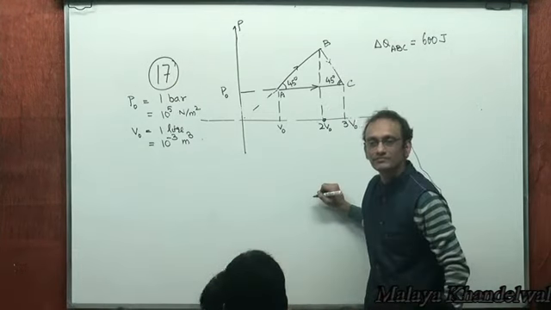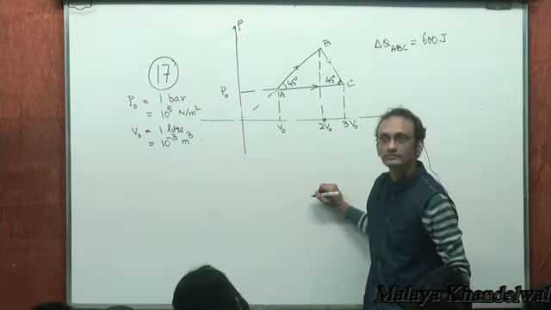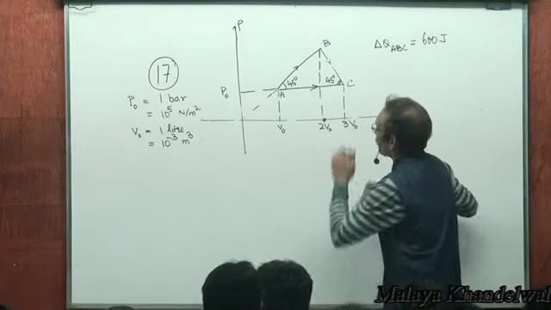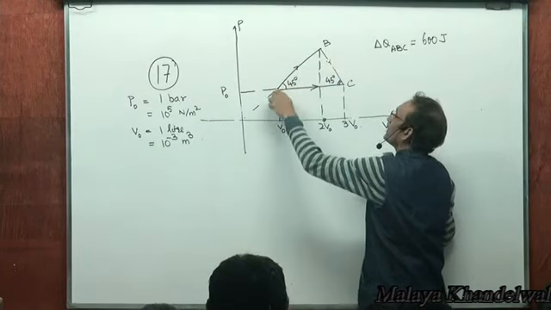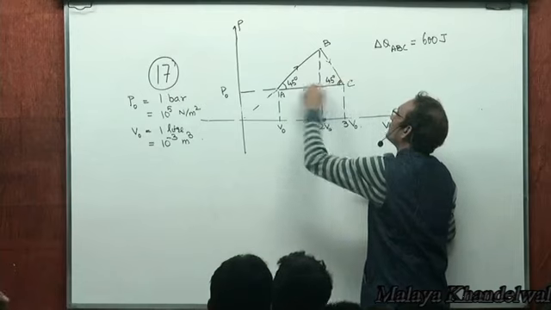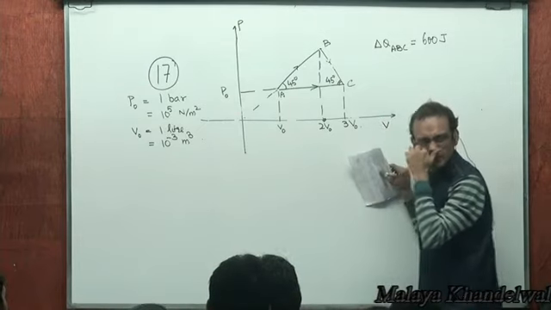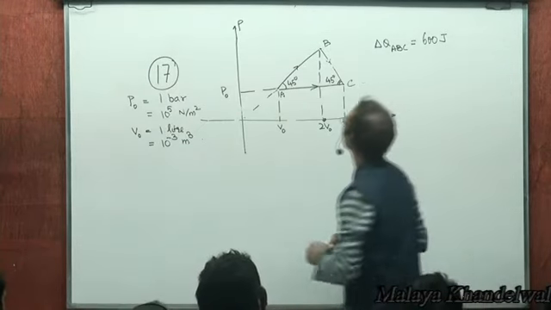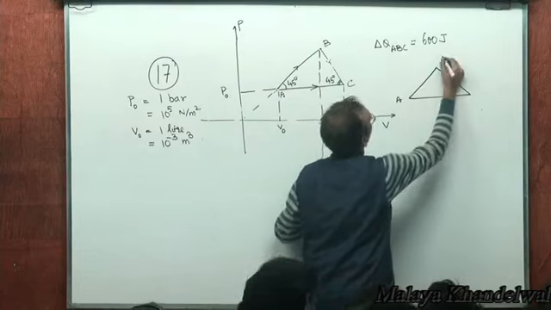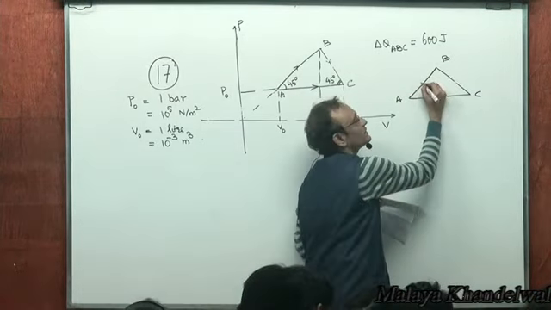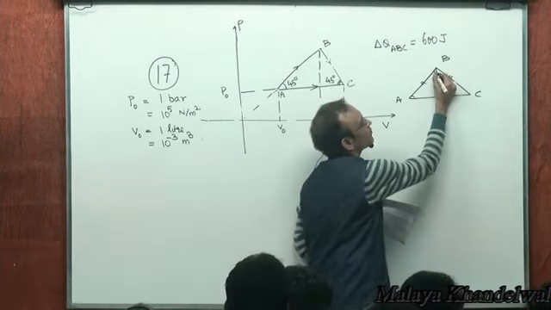All I am saying is that if I go 45 degrees from A and 45 degrees from C, then B is horizontally halfway between A and C. There is no difference, I have to go equally on either side to reach B. Take it like this: this is A, B, C, and this is equal to this, 45 degrees, 45 degrees.